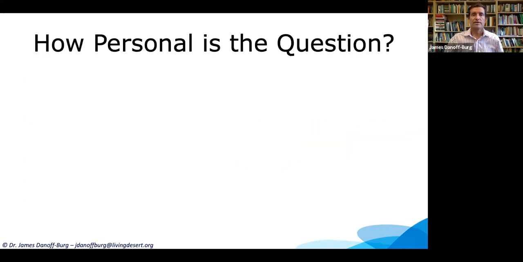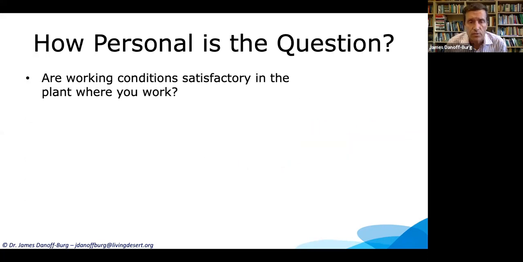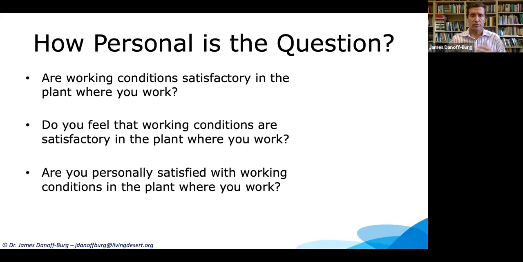Okay. Next up, we have to think about whether we're talking to children or talking to adults, especially with adults, how personal the question is. Because very often we can alienate people by asking these questions in ways that are too personal. So I'm going to put 3 different forms of a very similar question up.